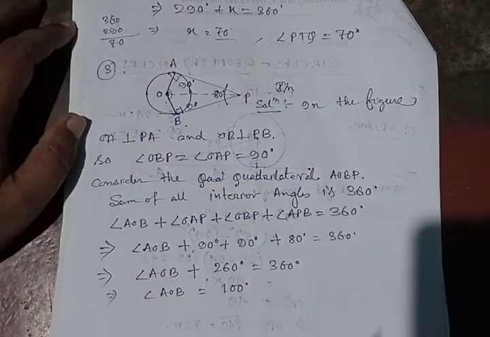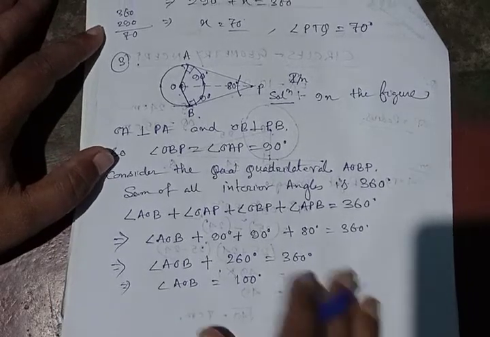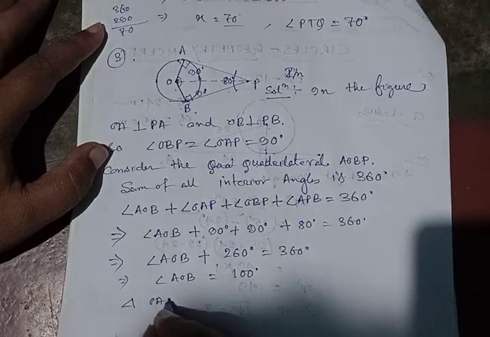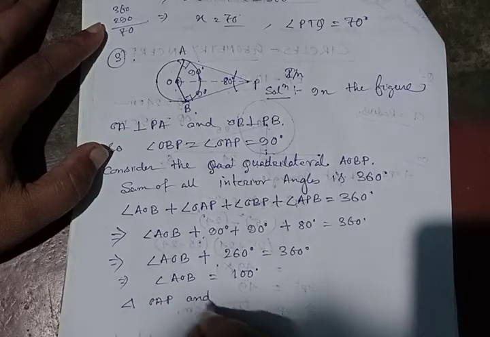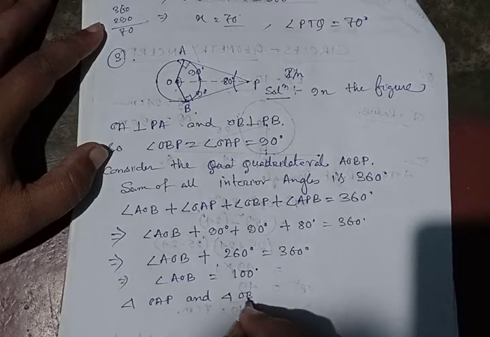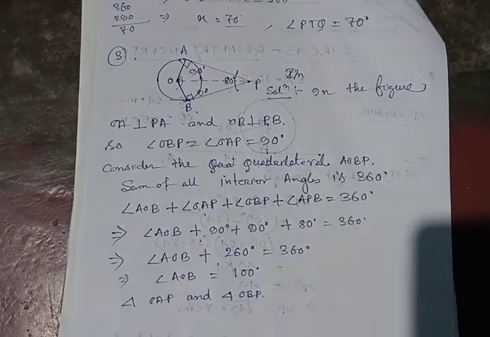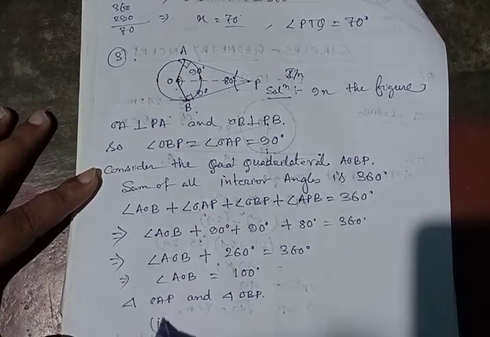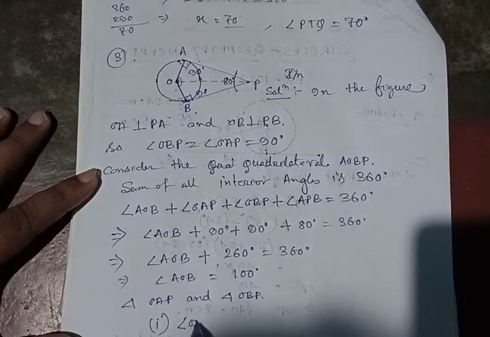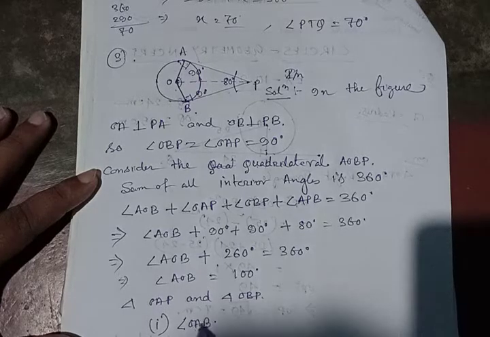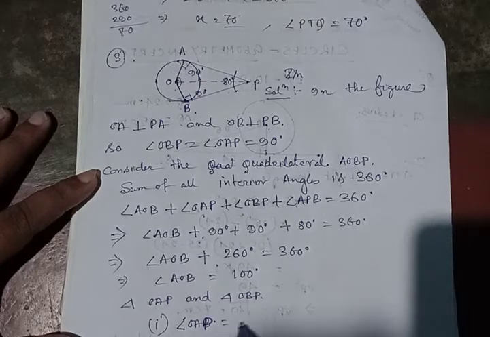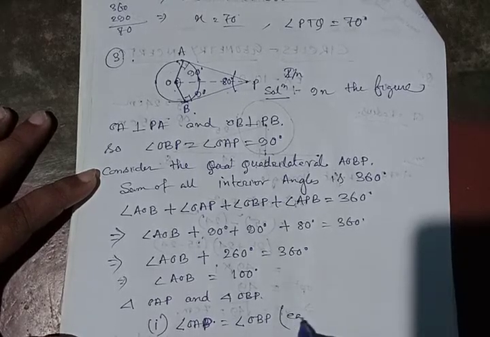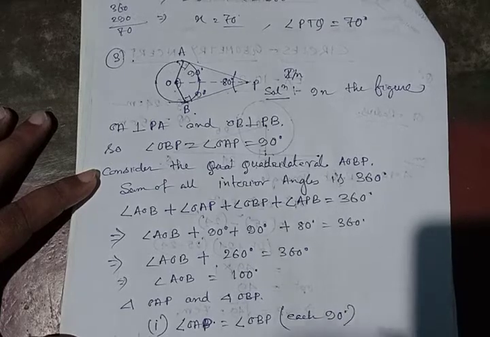Now consider the triangles OAP and triangle OBP. Here first one, angle OAP equal to angle OBP, each 90 degree.